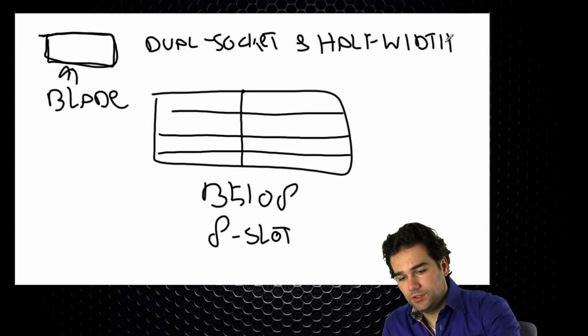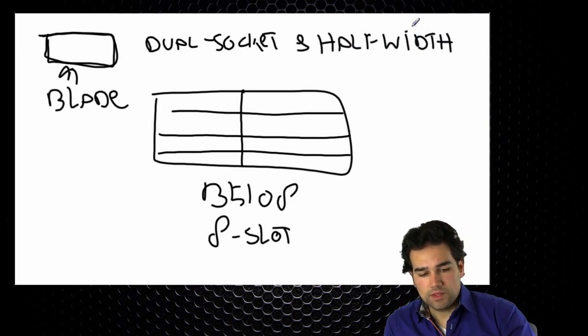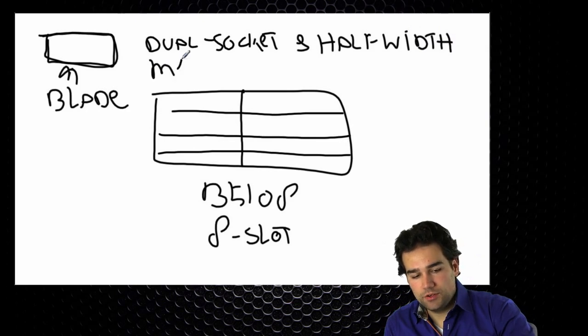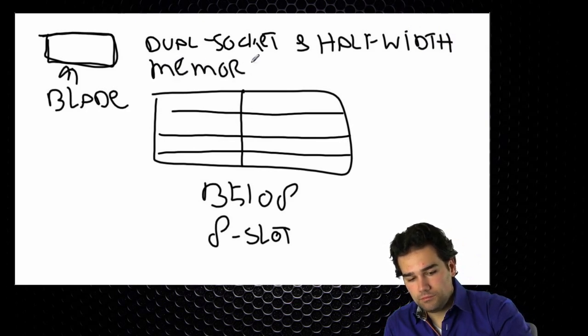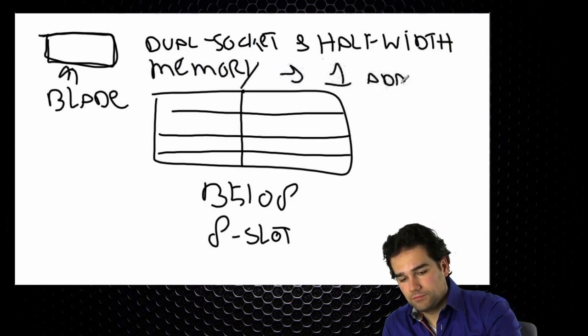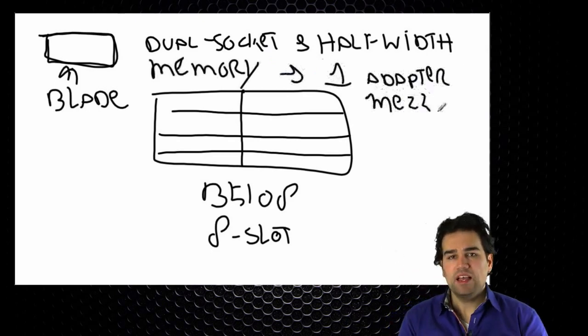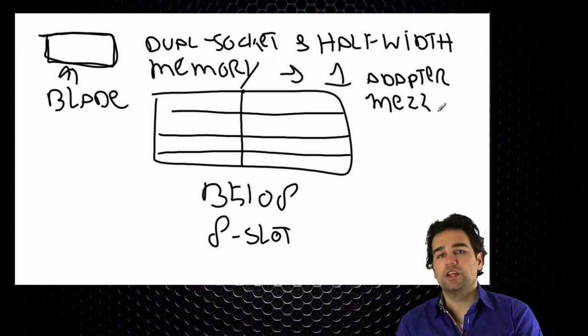They consume 1 slot in the chassis. And it hosts, like I said, dual socket and its own memory. And it hosts 1 NIC, so 1 adapter. They call that mezzanine adapters, or mezz adapters. These mezz adapters are the converged network adapters.